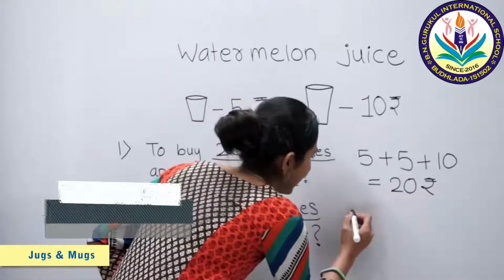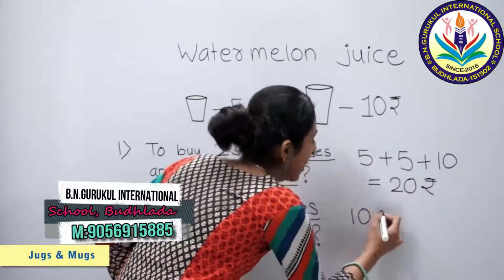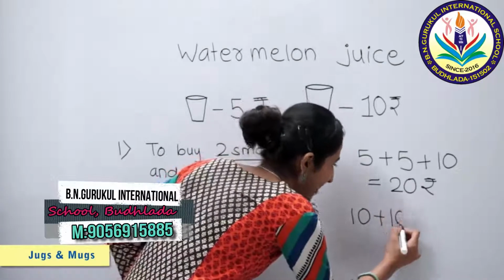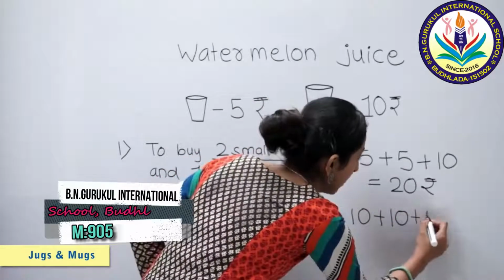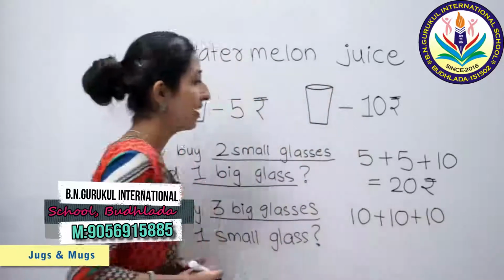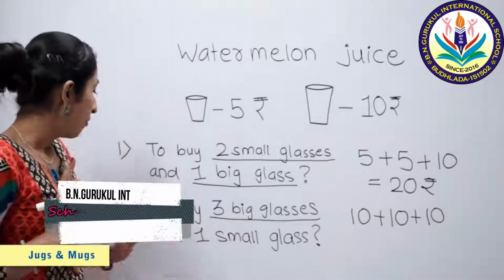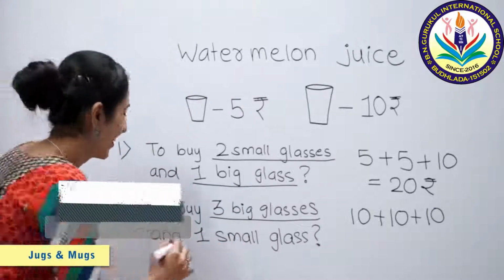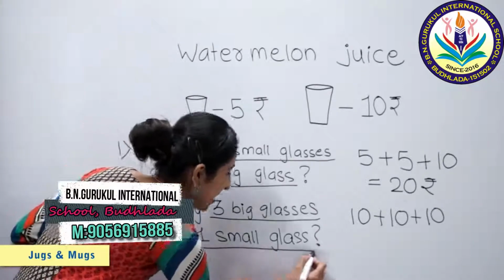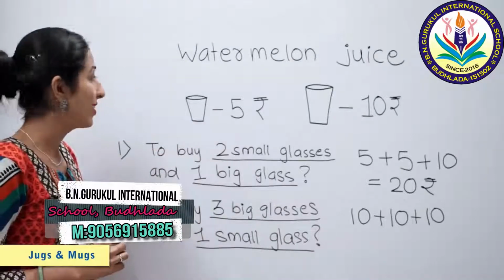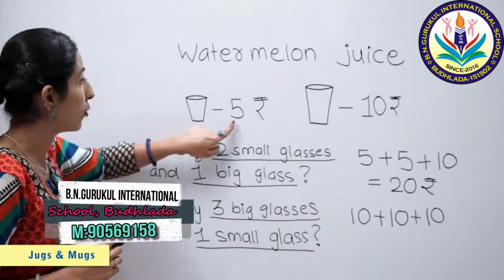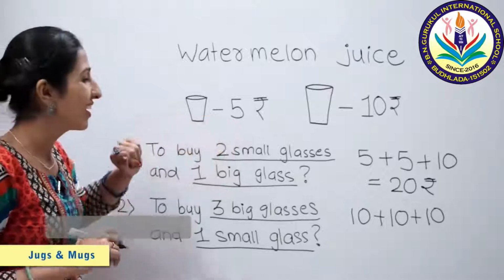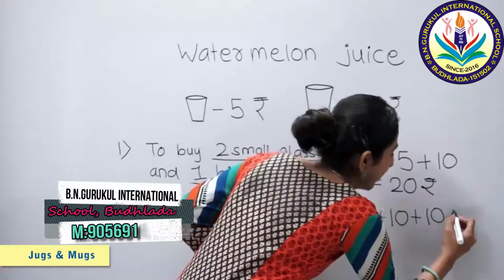So, 10 plus 10 plus 10. And we also have to buy 1 small glass, and one small glass is for rupees 5.